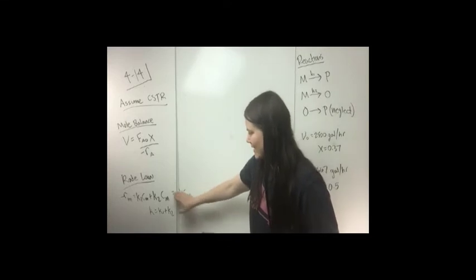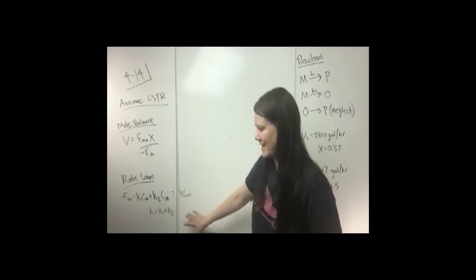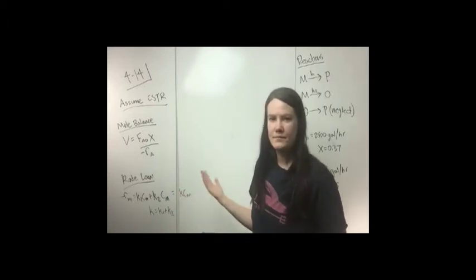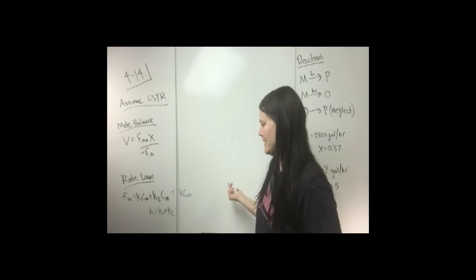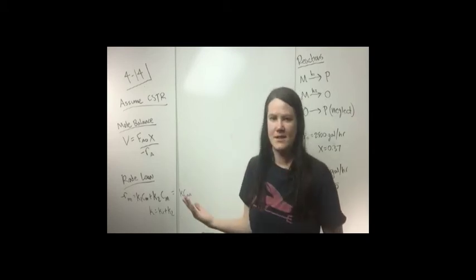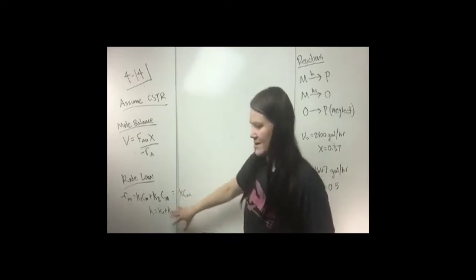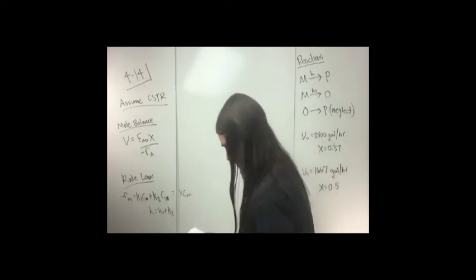This is something I would definitely review for the exam on Friday if you're unsure about how to do net rate laws, like say you have either series or, in this case, parallel reactions. Make sure you know how to do the net rate law.